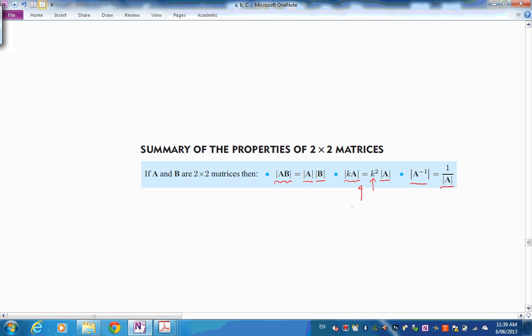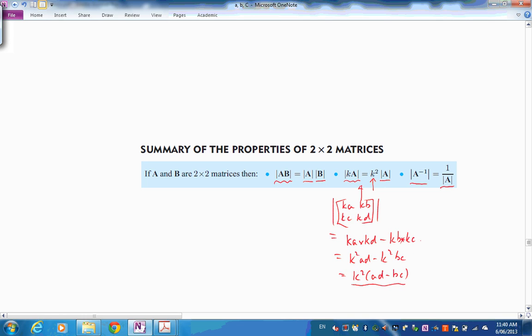This one's interesting, but you can see how it comes about, because if you multiply all the entries there by k, then you want the determinant of that, then it equals Ka by Kd, AD take BC minus KB take KC, sorry, K squared AD take K squared BC, which is, yep, K squared lots of the determinant.